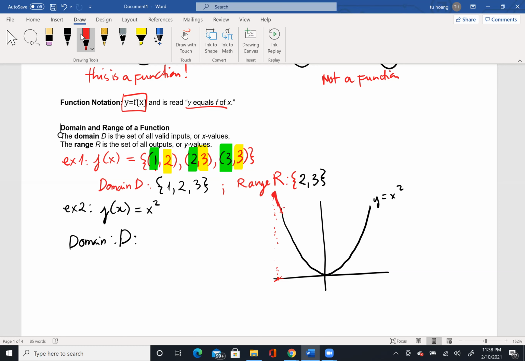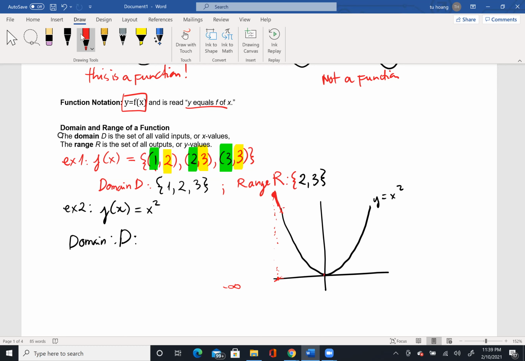And even if you come to negative infinity, you can still get a point on the graph. So there's no gap, no hole, nothing breaking the graph, right?